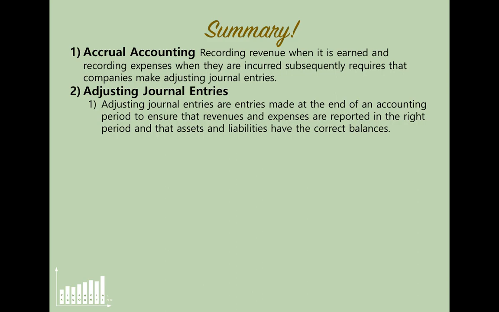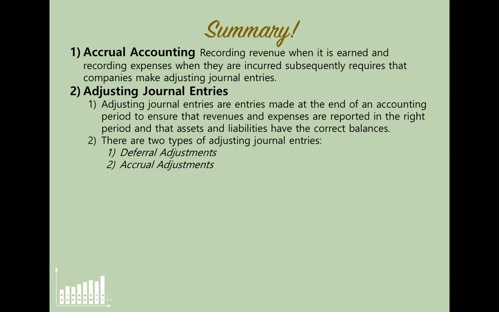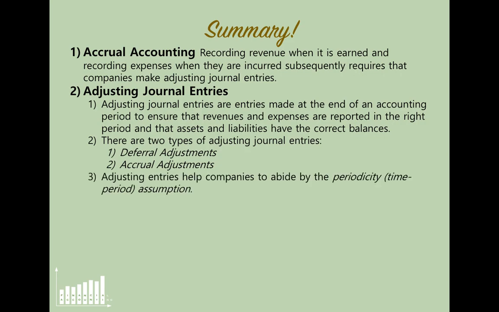Adjusting journal entries are entries made at the end of an accounting period to ensure that revenues and expenses are reported in the right period and that assets and liabilities have the correct balance adjustments and accrual adjustments. Adjusting entries help companies to abide by the periodicity or time period assumption. We get the right revenues and expenses in the right periods.